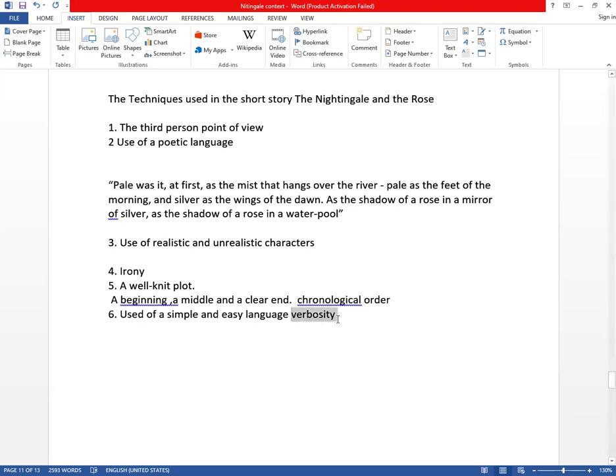Verbosity means too many difficult words that are difficult to understand.